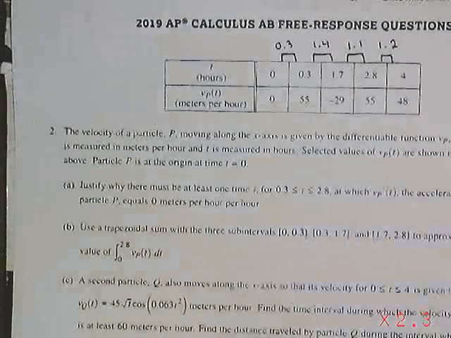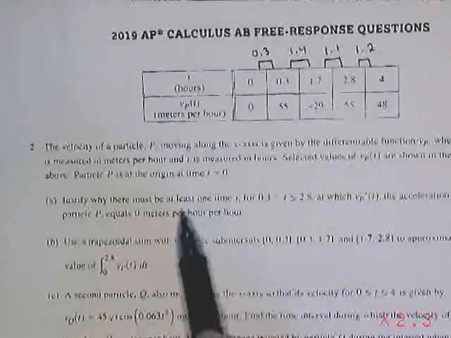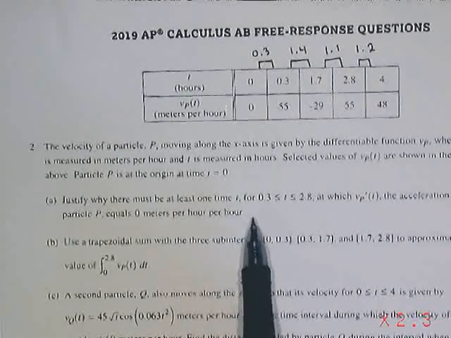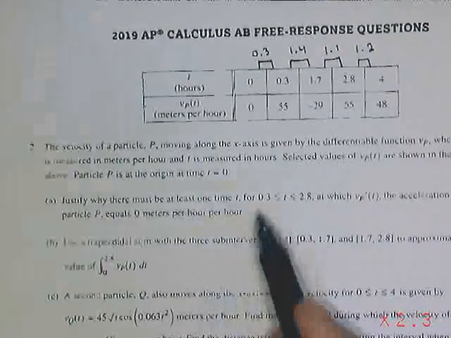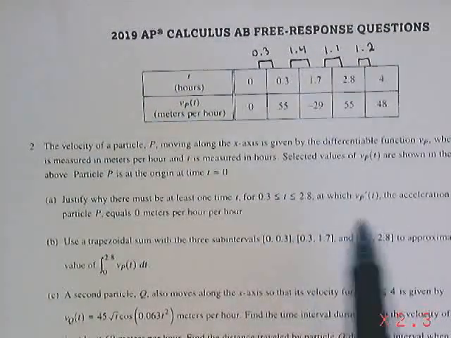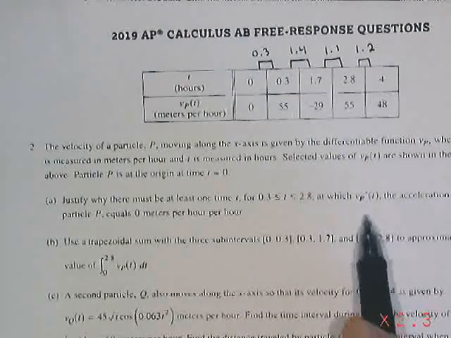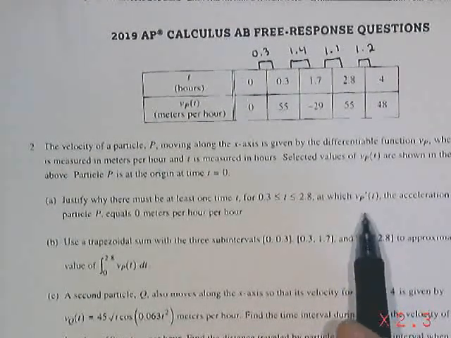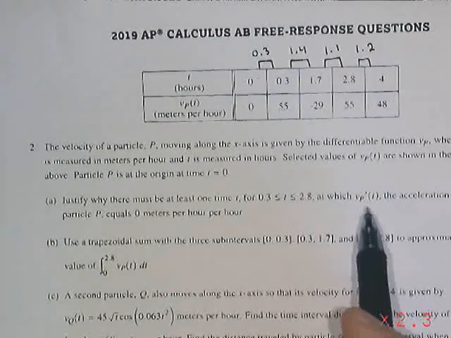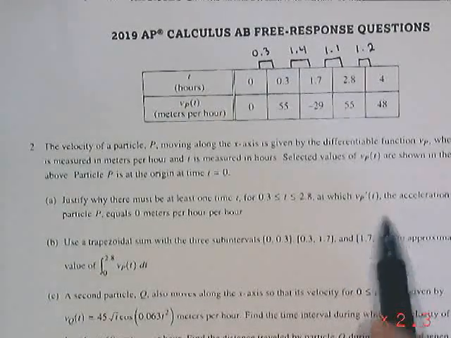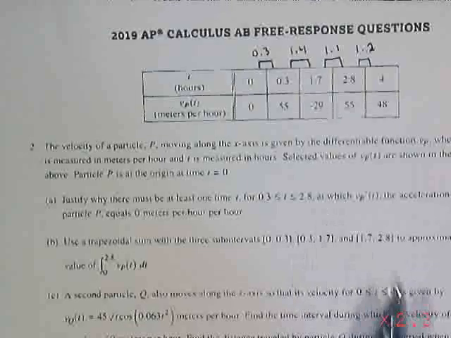Justify why there must be at least one time t for t between 0.3 and 2.8 at which the derivative of v sub p of t, so v sub p prime of t, wow, say that 10 times fast, and stop there, because we just read some magic words and you didn't even know it.